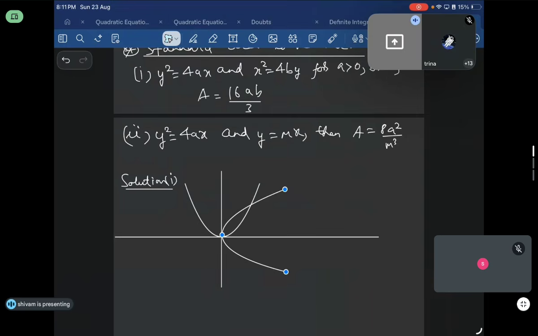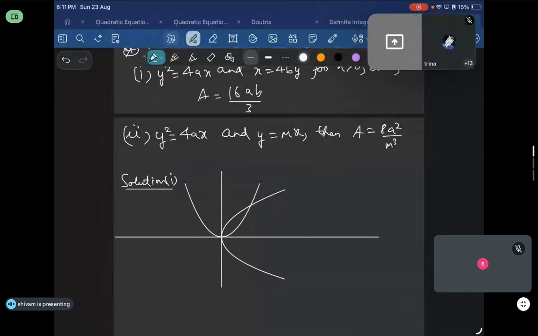Okay, I need to find out this area. So of course we need the intersection point, right? In the first quadrant. Both a and b are greater than 0. I need this intersection point. Let us call this intersection point alpha.